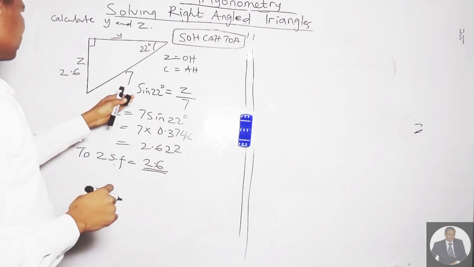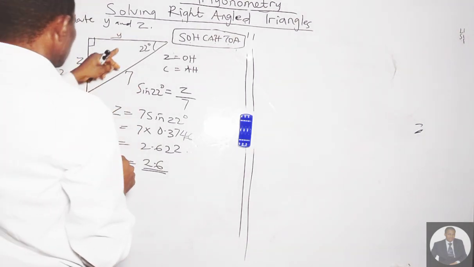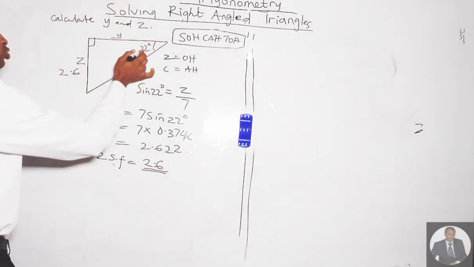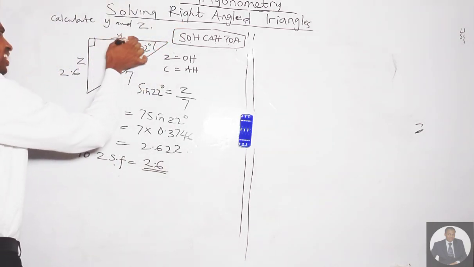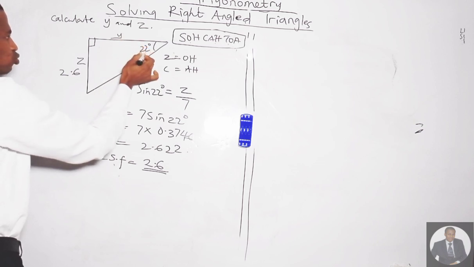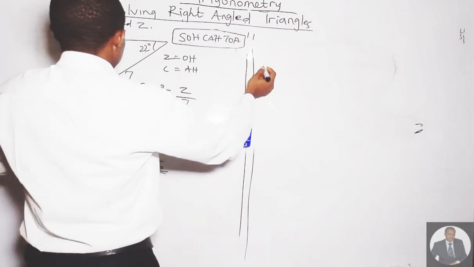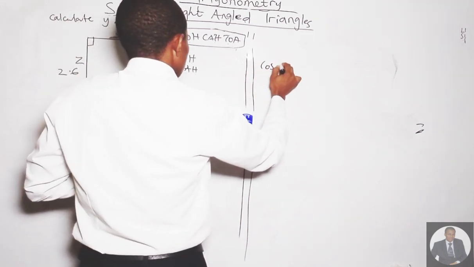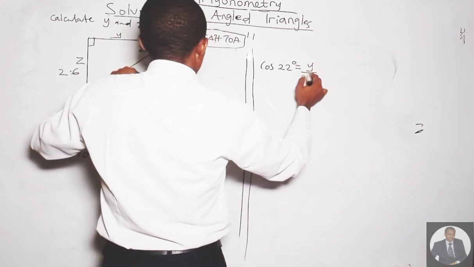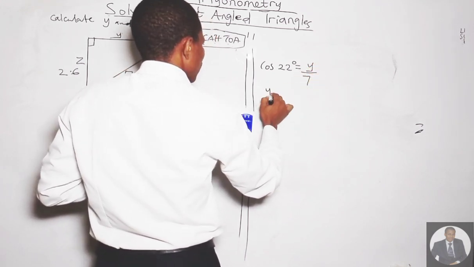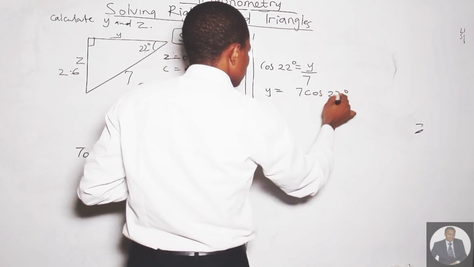How do we find our y? Having been given this, we can use the same angle. y is adjacent to 22, and we have the hypotenuse, adjacent and hypotenuse. So we can say cos 22 degrees equals adjacent y over hypotenuse 7. So we have y equals 7 cosine 22 degrees.